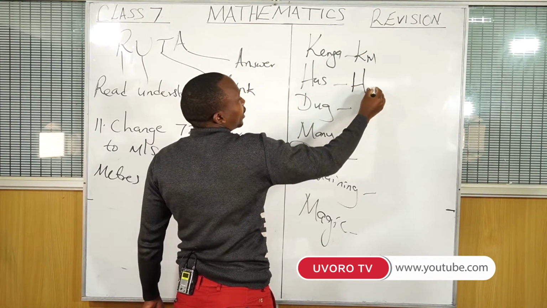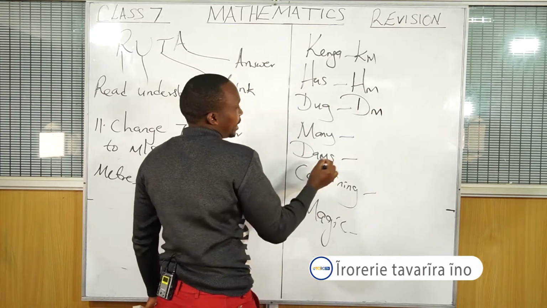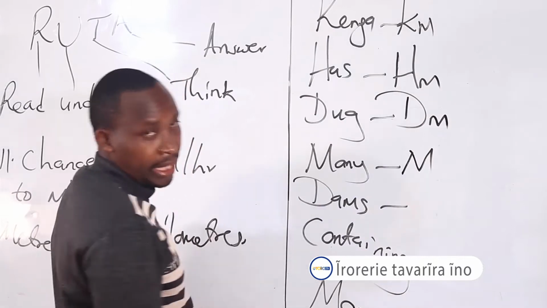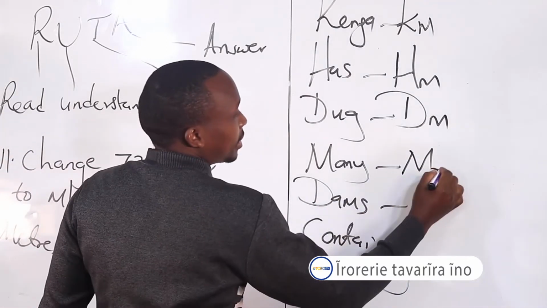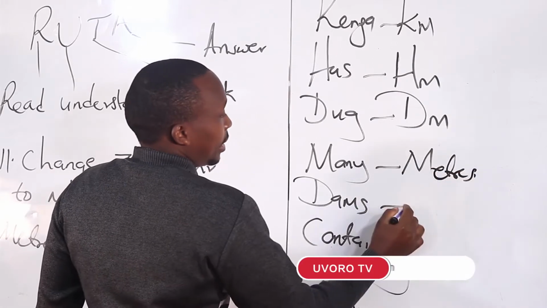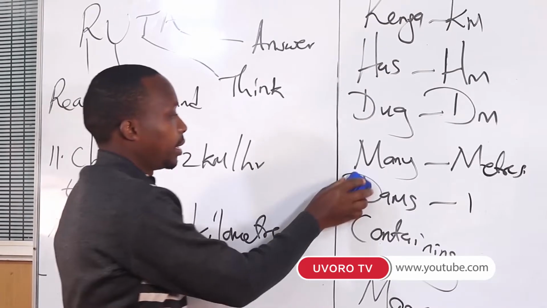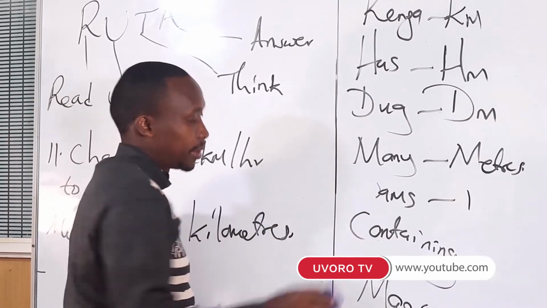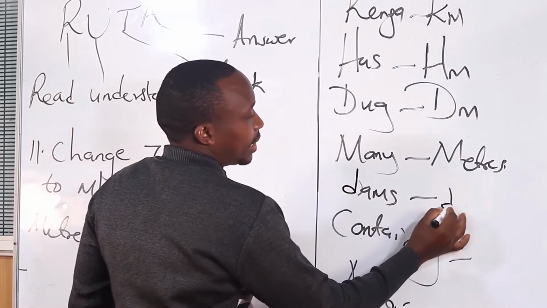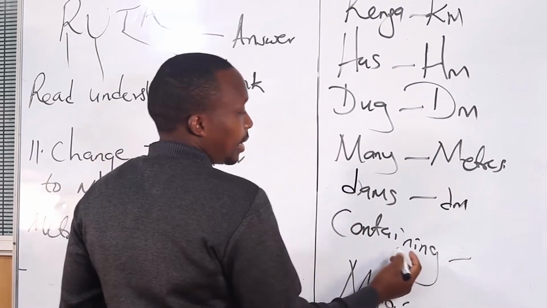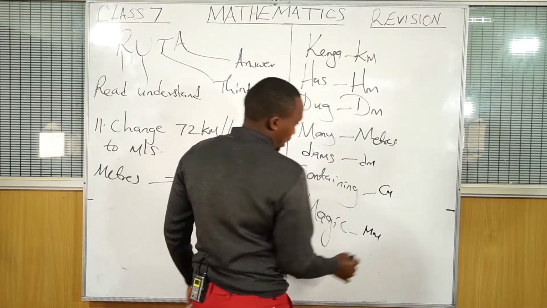H is for hectometers. D is for decameters. This M for many, it is already meters. D for deci. Remember, this is a small d for dams. So that one is decimeters. This one is centimeters. And last, millimeters.